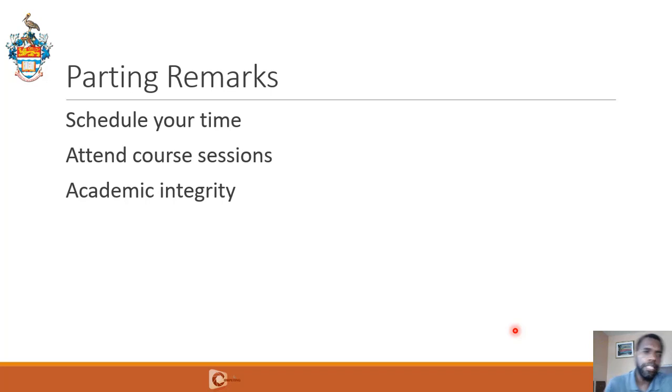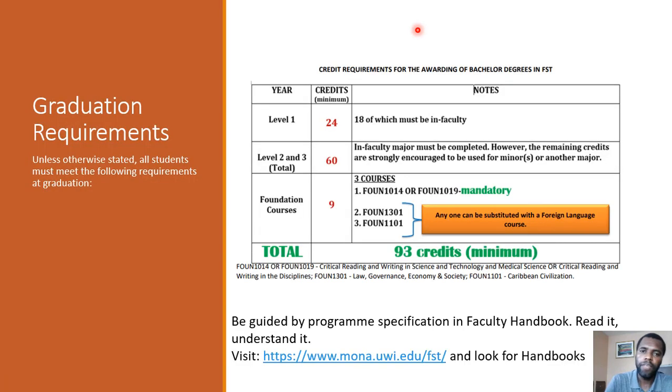A few parting remarks. As I said earlier, please ensure that you read the faculty handbook for the program of interest and meet the requirements. So for example, I had said earlier that you're going to need at levels 2 and 3 a minimum of 60 advanced credits.